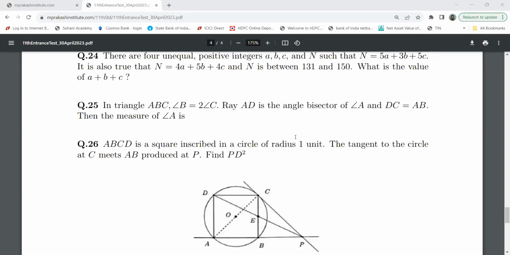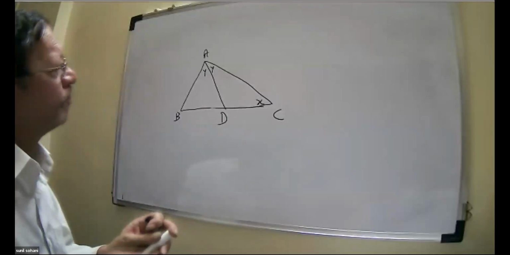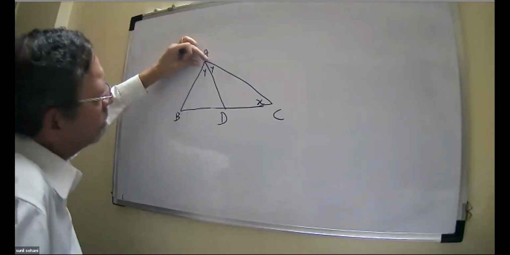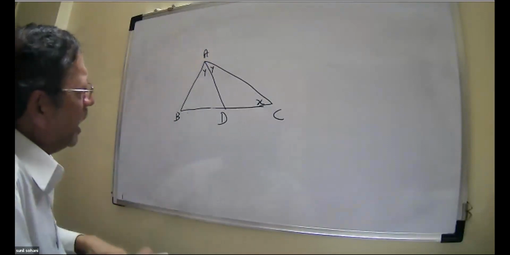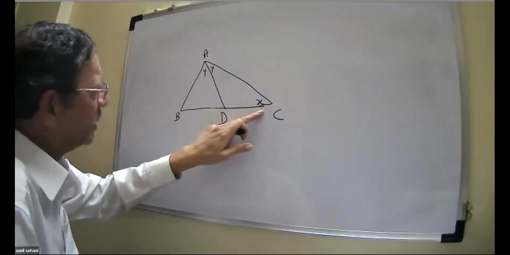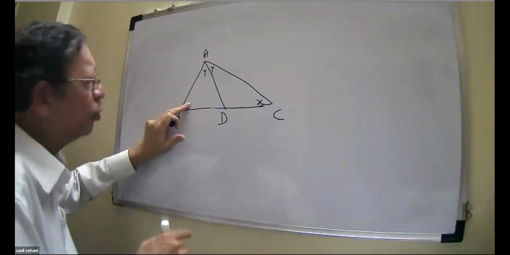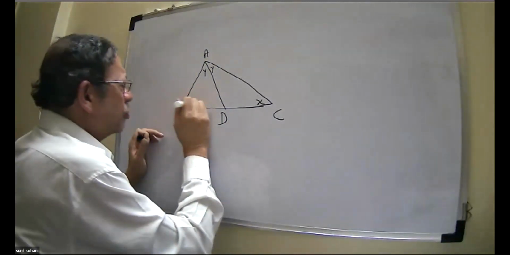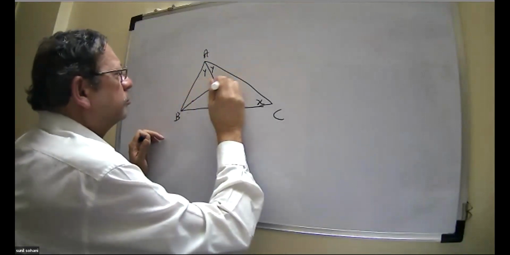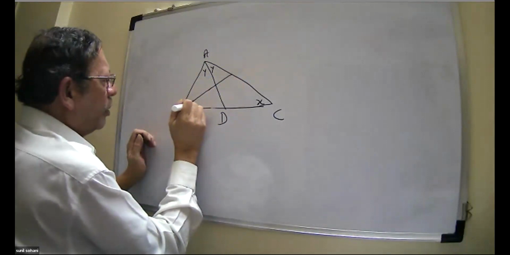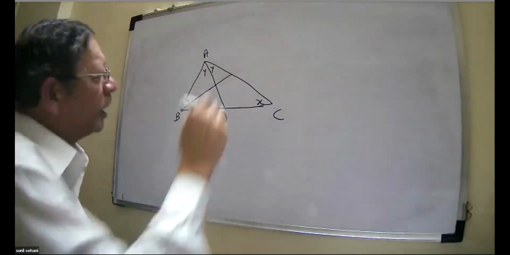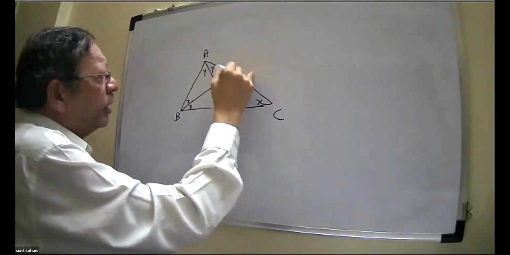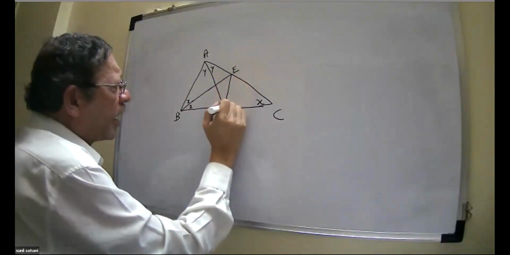Okay. AD is the angle bisector, so I call the angle A total as 2y, and B is double of x, but I have not written 2x here because I am going to draw the angle bisector for angle B also, and therefore I will call those small angles x. I made this as point E, and I'm going to join ED.